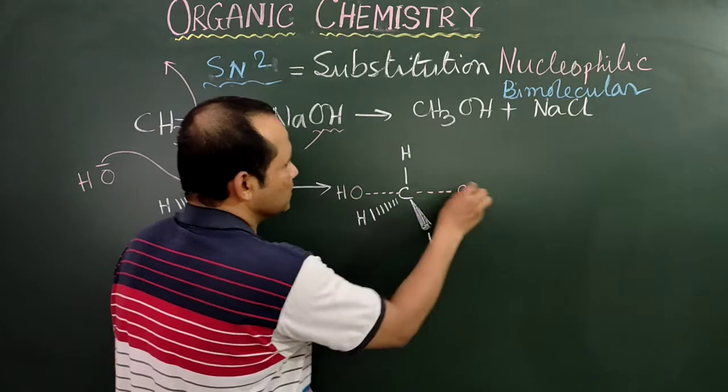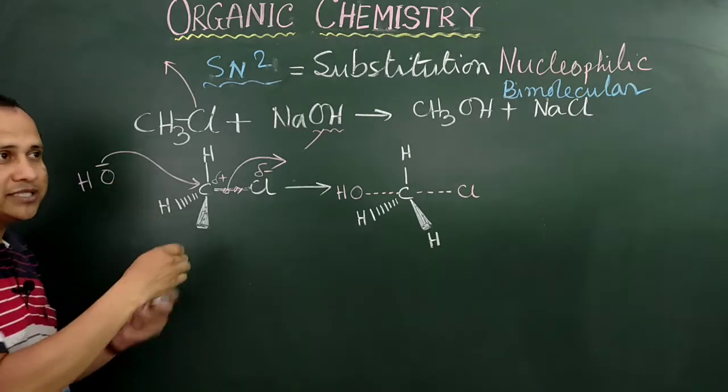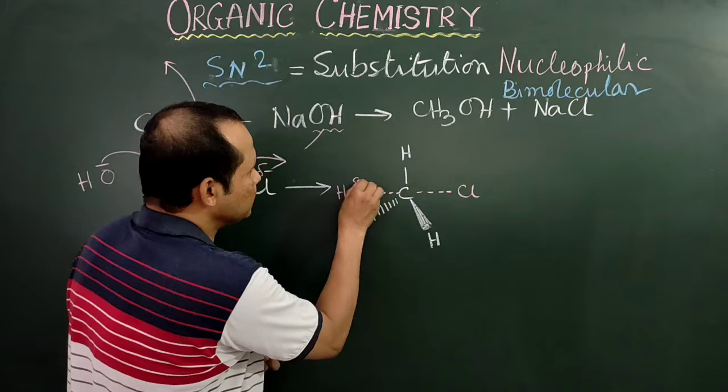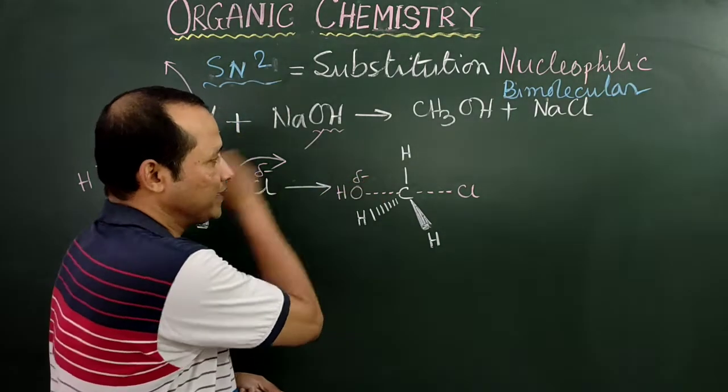So this will be OH, this is this, and now look, this was negative, but this is going to lose its charge. So till now it has partially lost its charge, so it is partially negative.